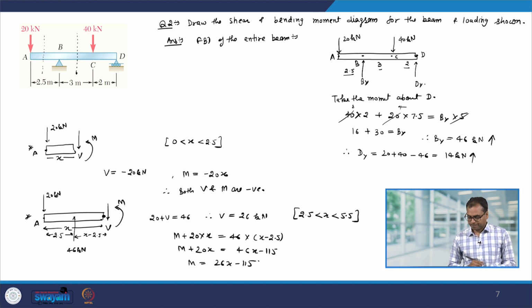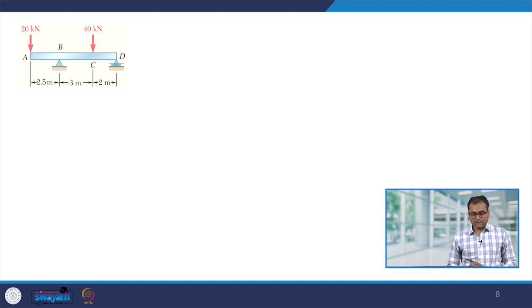Okay. Now, to find out the shear force between C and D, let us cut the beam like this, and here my x is between 5.5 meter and 7.5 meter. So, what is the free body diagram of the left hand side?